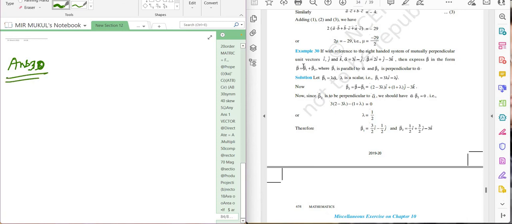So here I, J, K are the unit vectors. Then alpha and beta are given. Then express beta in the form beta equals beta 1 plus beta 2, where beta 1 is parallel to alpha. Not A, it is alpha.